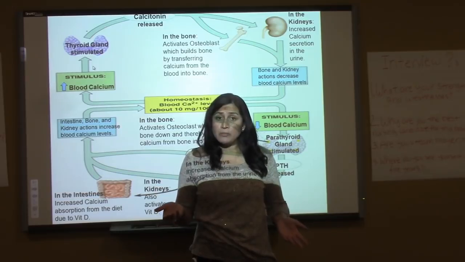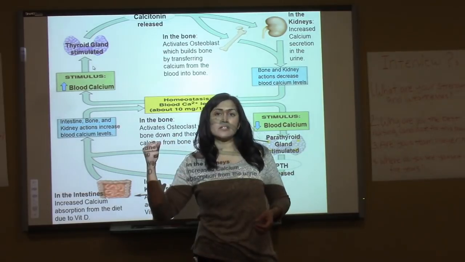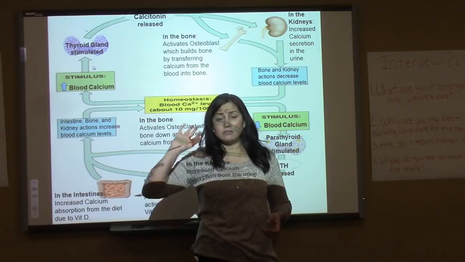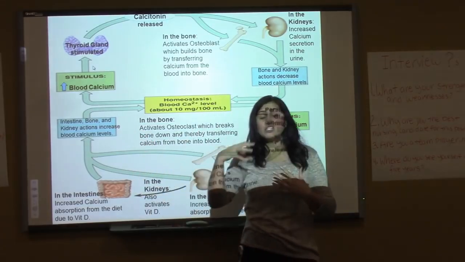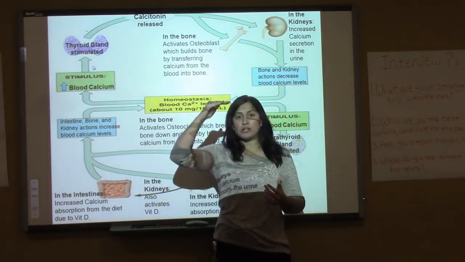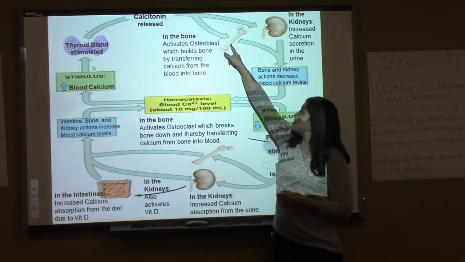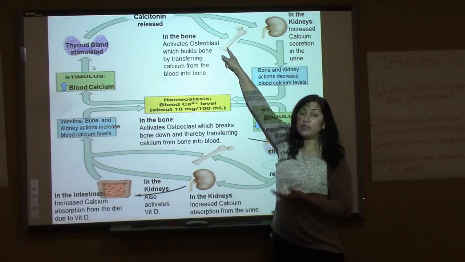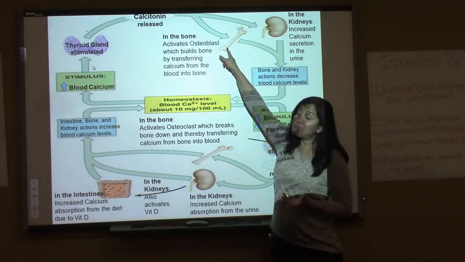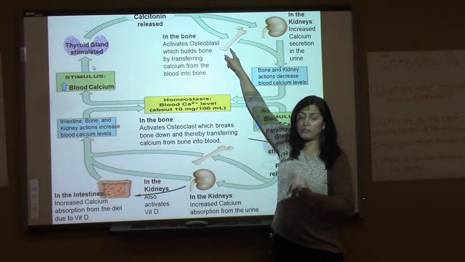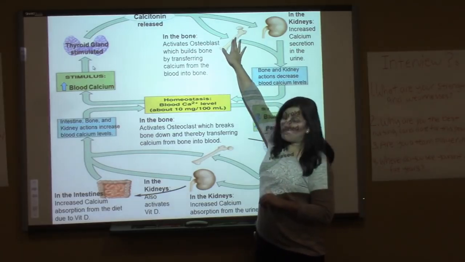Of course, from your bloodstream. So osteoblasts pull calcium from your bloodstream and make bone, and because calcium is coming from your bloodstream, your calcium levels start to drop. So calcitonin causes bone to be made, and by making bone, your calcium levels drop. That's one place it works.